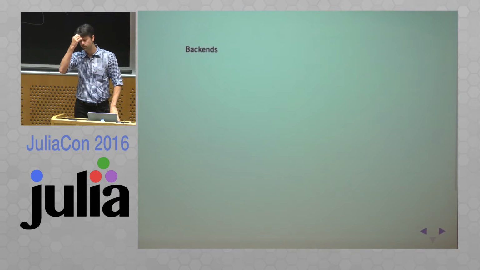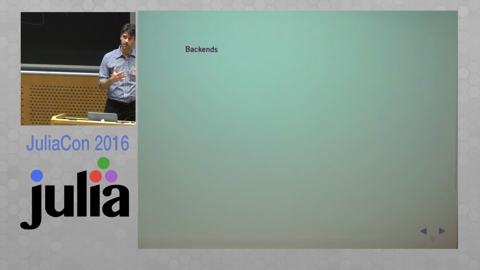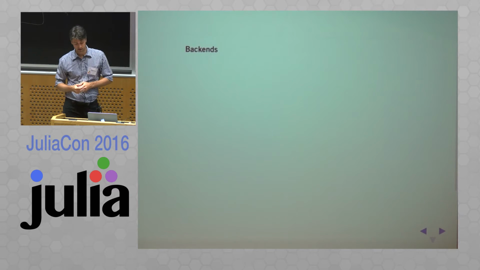I touched on it briefly, and I'm only going to talk about it briefly here too. But there's lots of different options for what does the final drawing at the end of the Plots processing. We've seen PyPlot as a backend, and as a starting backend, that's probably the best one to go to. It's the best supported.